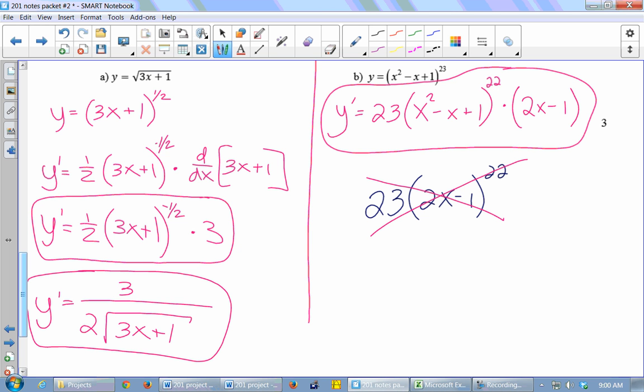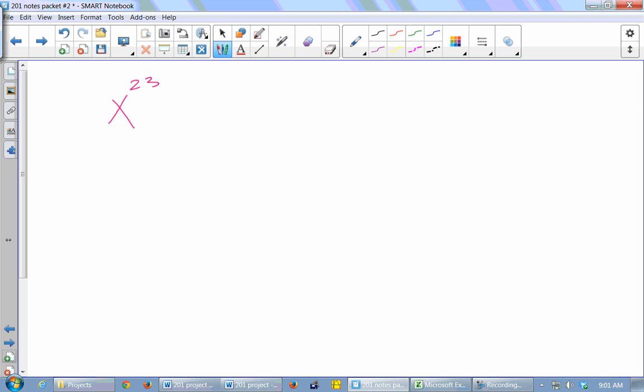Yeah, you have to be able to recognize it as a composite function. If it was just x to the 23rd, if I wanted to take the derivative of that, the chain rule still kind of applies to our old power rule, right?